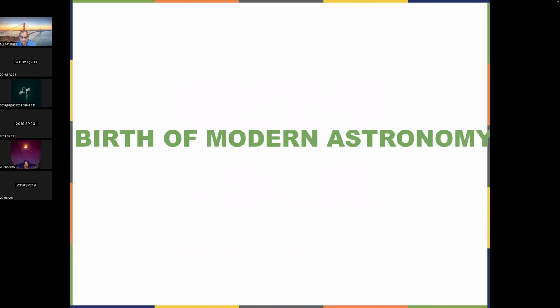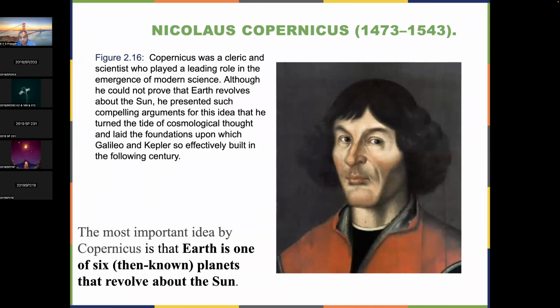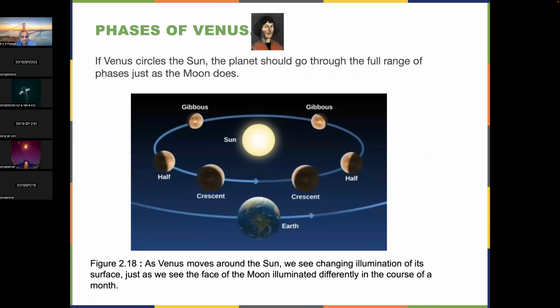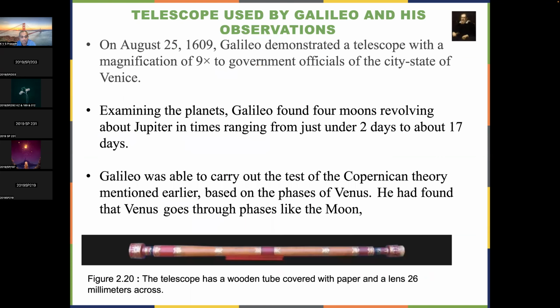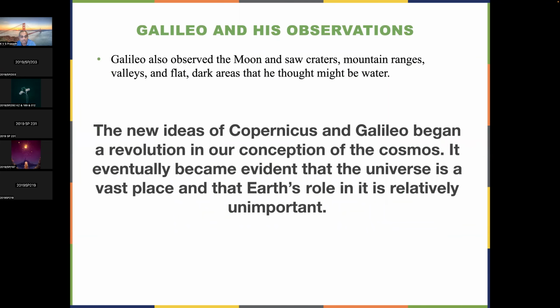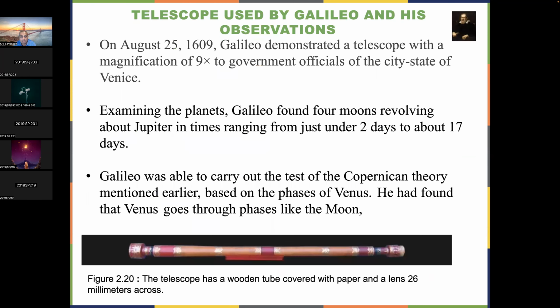So on the next day, I will start with the birth of modern astronomy. There is a small section about Copernicus, telescopes and observation, just 1, 2, or 3 slides, and then I will move on to the next section, where we talk about orbits and gravity.